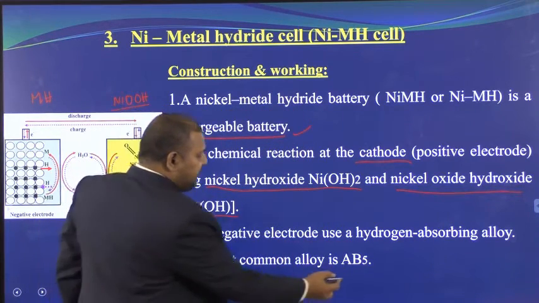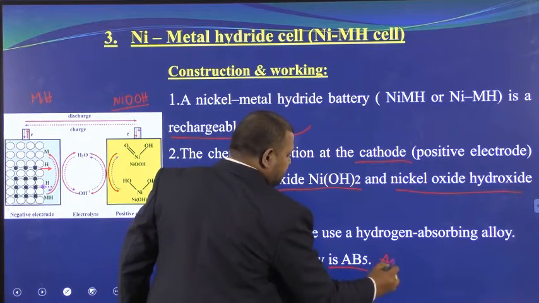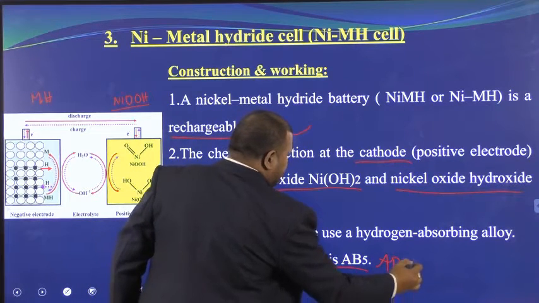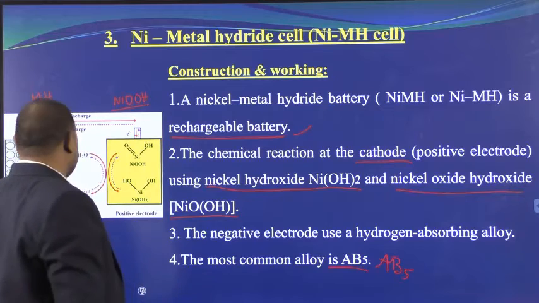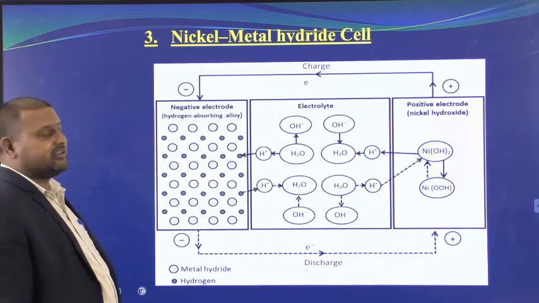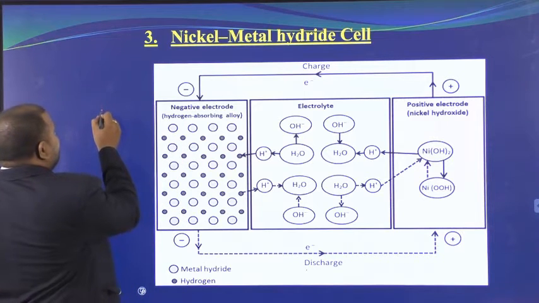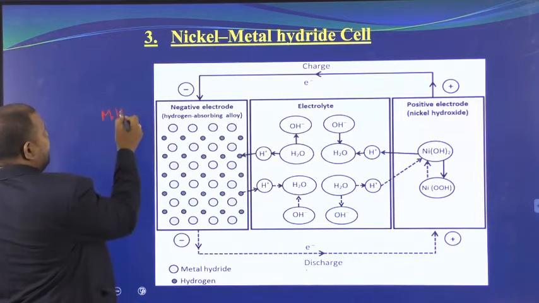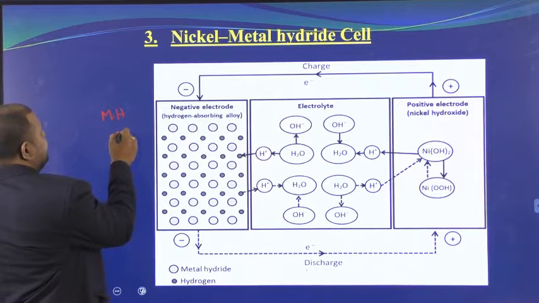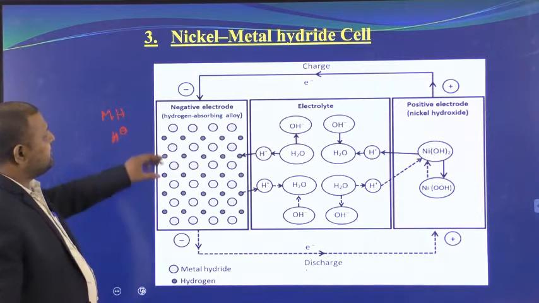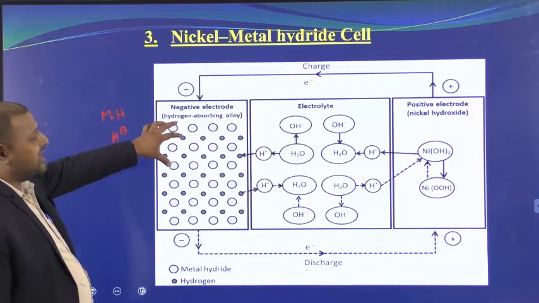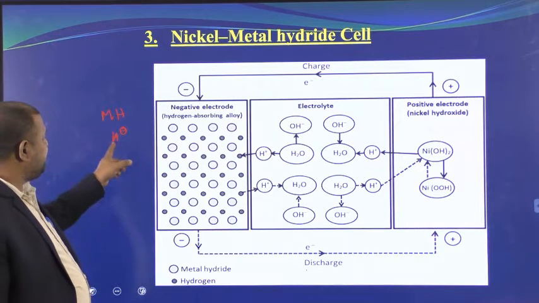Generally it will be in the formula of AB5. So hydrogen absorbing alloy. If you see this diagram, you can now understand what I am saying. See very clearly, I have told you that MH, metal hydride, always gives you H minus ions. So this negative electrode should have a capacity to absorb these H minus ions.